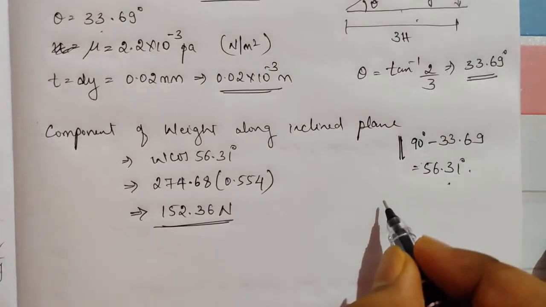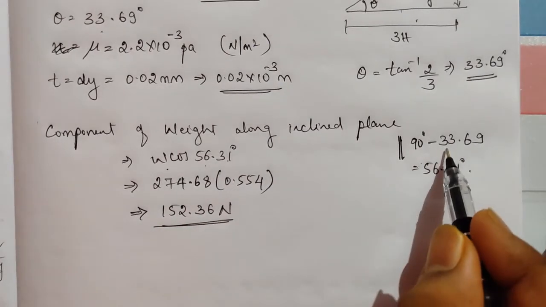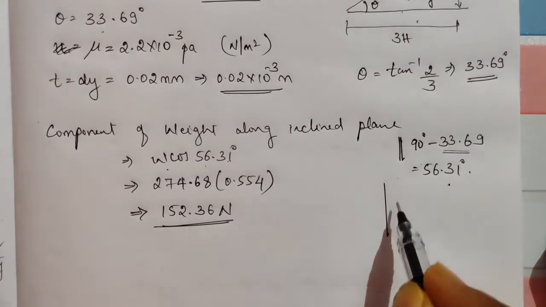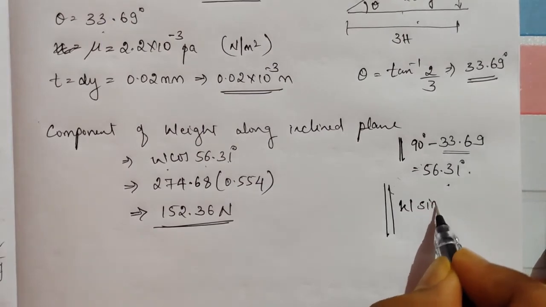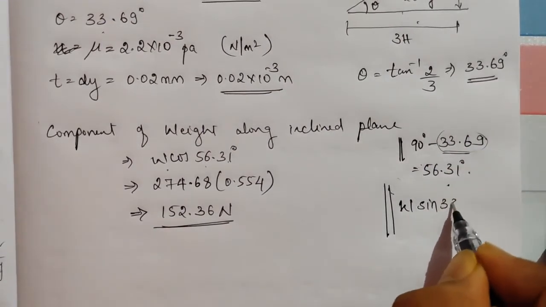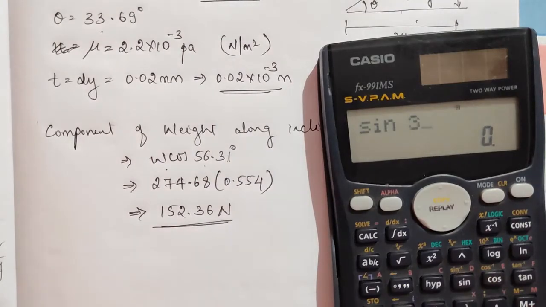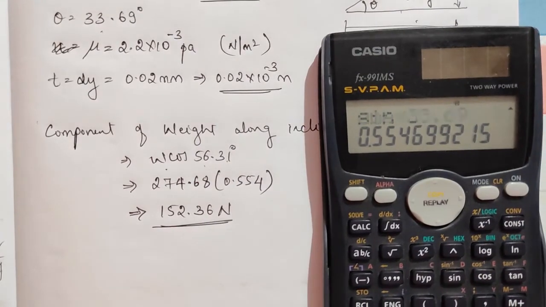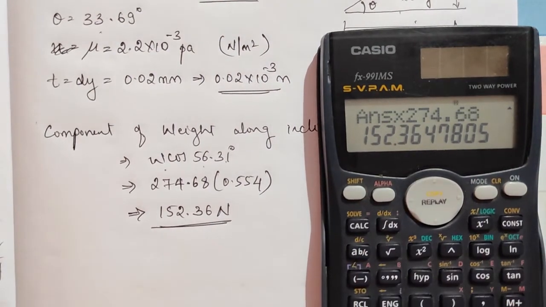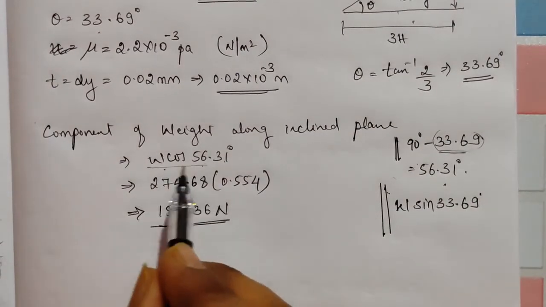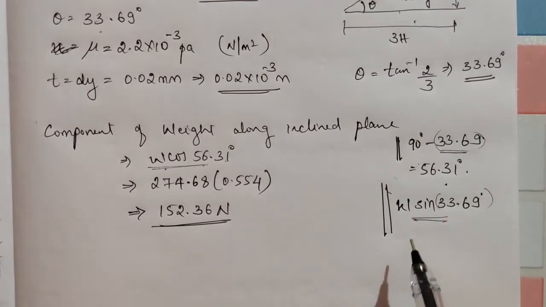Another method which I mentioned: instead of W cos 56.31, I can calculate the force as W sine of this angle, 33.69 degree. So what is sine 33.69? Same as that, 274.68, it is 152.36. So either you can follow the cos one or the sine one, but taking the degree is important.